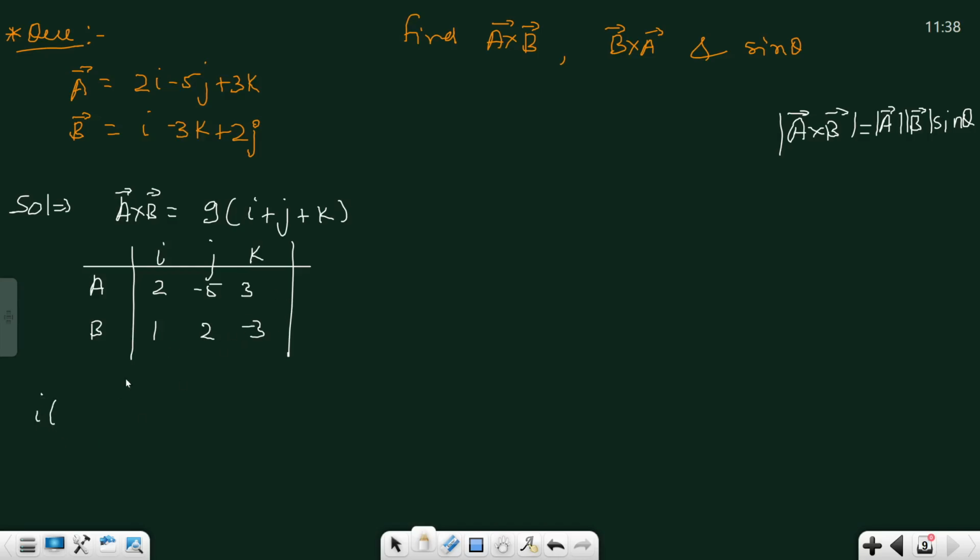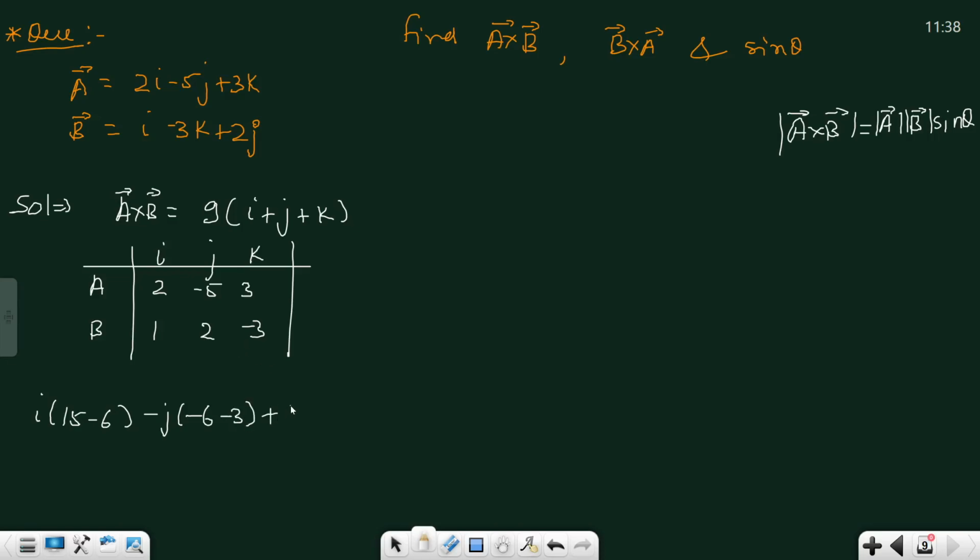So A cross B. For i: minus 5 into minus 3 will become 15, 2 into 3 will become 6, so 15 minus 6 gives 9. Minus j: 2 into minus 3 is minus 6, 1 into 3 is 3, so minus 6 minus 3 is minus 9, which with the sign gives plus 9j.